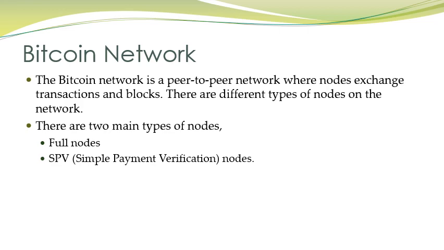Every participant has a copy of the ledger, and if the node is a full node, then these nodes compete with each other to propose a new block in the Bitcoin network.